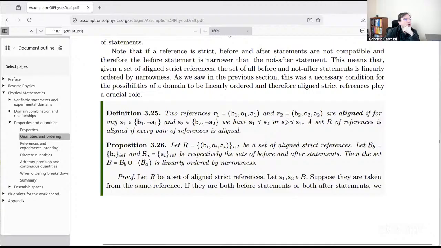And then we want to extend this idea that if it's before one, it's not after one, in between references. And that's what's giving us an alignment. So if we take B1 and B2, then either B1 implies B2, so B1 is narrower than B2, or B2 is narrower than B1.